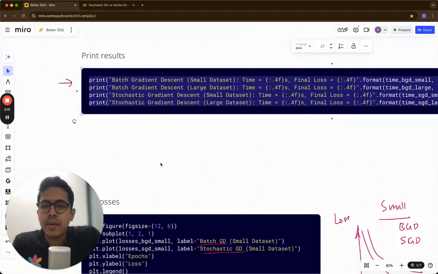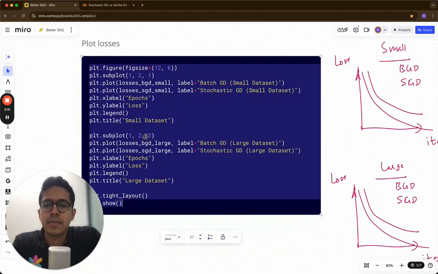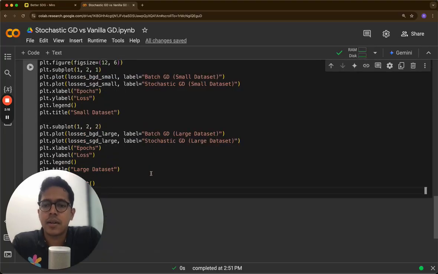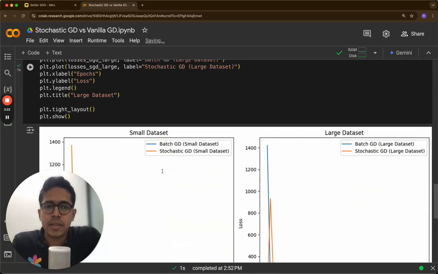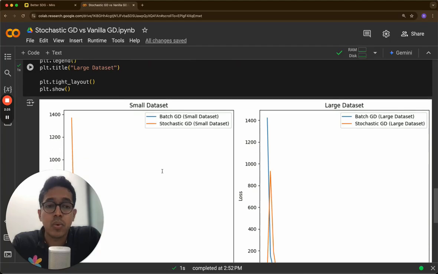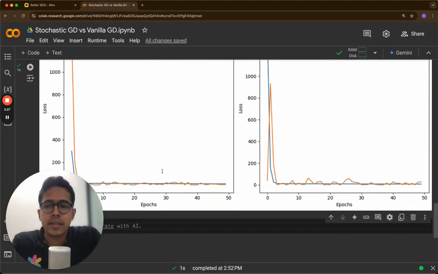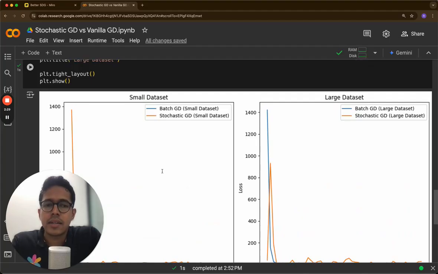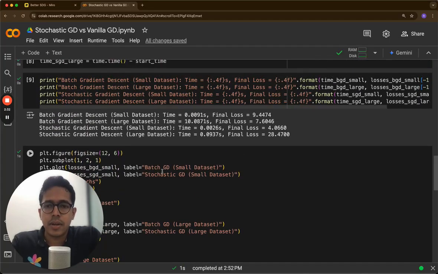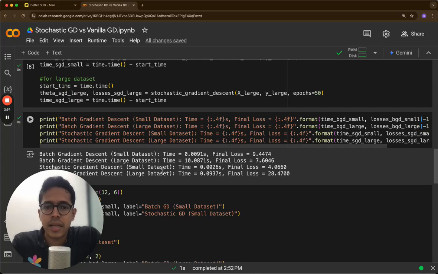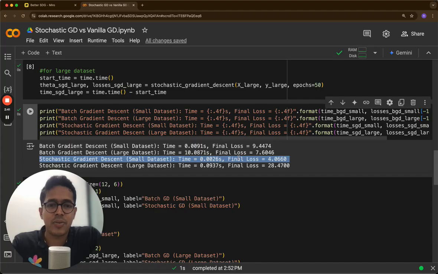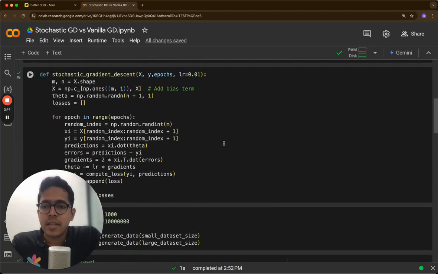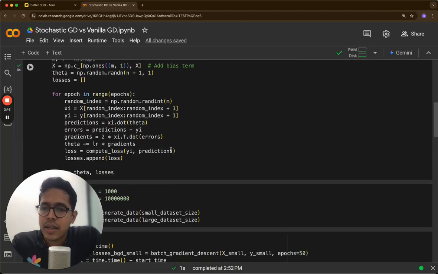And if we were to plot the loss as a function of epochs, you can see that batch gradient descent is blue, stochastic gradient descent is orange, and there is a difference in loss. Perhaps we can increase the size of the data set, but surprisingly for some reason the small data set has a lower value of final loss. It's very surprising. Not sure what exactly is going on.